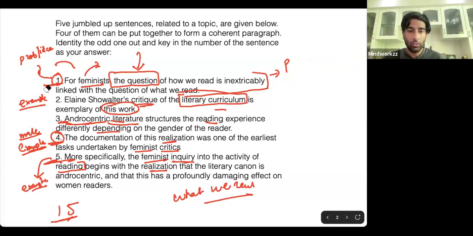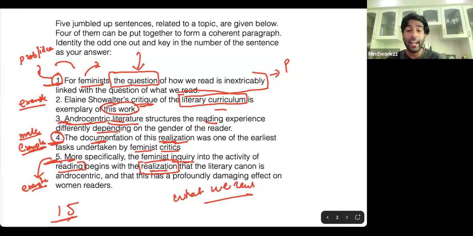Now that we know that sentence 1 and 5 are linked together, if you remember, sentence number 5 talked about some kind of realization: the realization that the literary canon is androcentric and that this has a profoundly damaging effect on women readers. And the documentation of this realization was one of the earliest tasks undertaken by feminist critics.